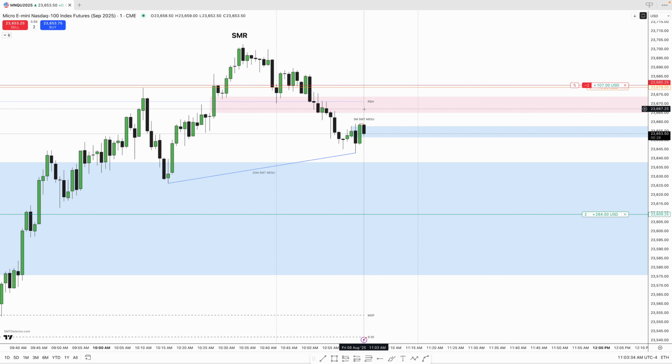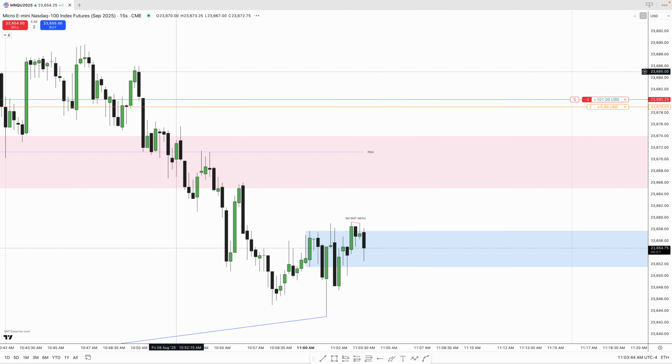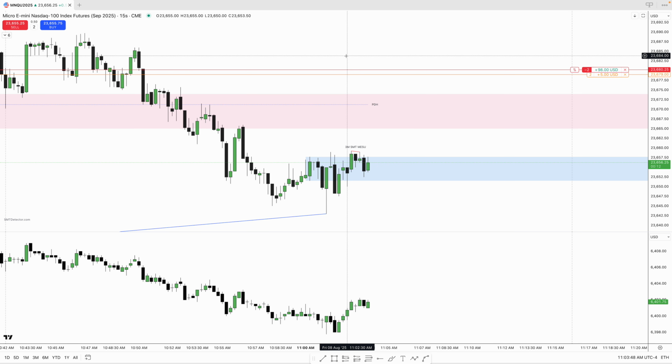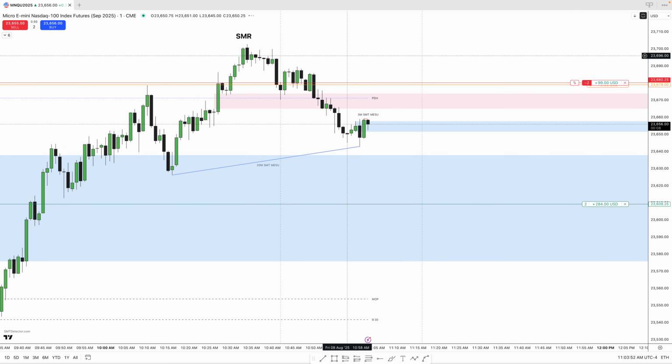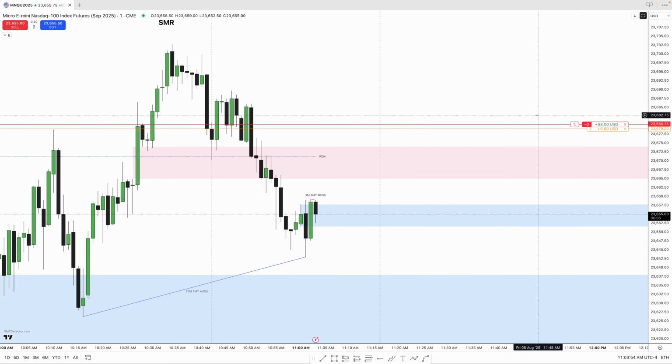We have SMT. We have SMT with ES on the highs. Let's go to the 15-second and see what this does. It looks good on ES. It looks way better on ES than it does on NQ. So, like, you could just reverse your position here.